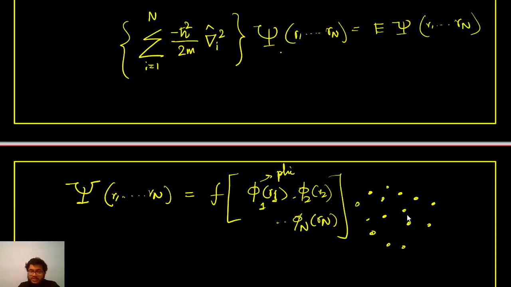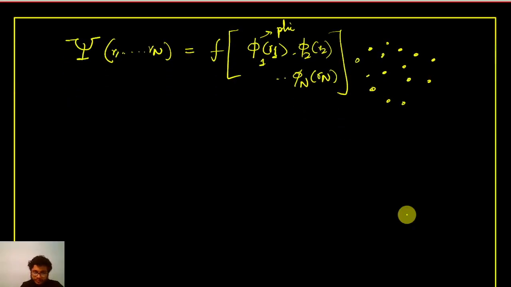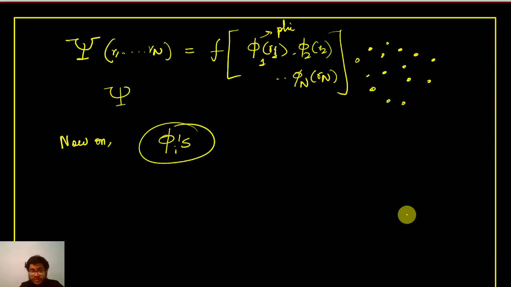From now on, we will deal with phi's, not psi's. We will see later how we can construct psi from phi. The rationale is that the electrons are not interacting, so we can look at individual electrons and forget about everything else.